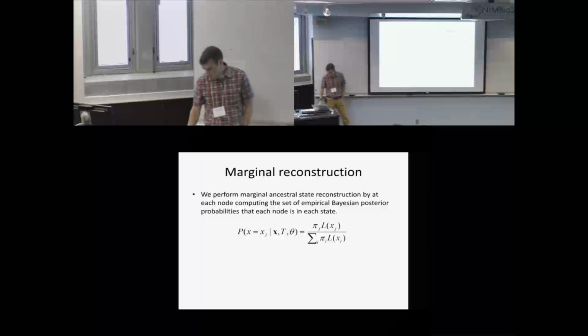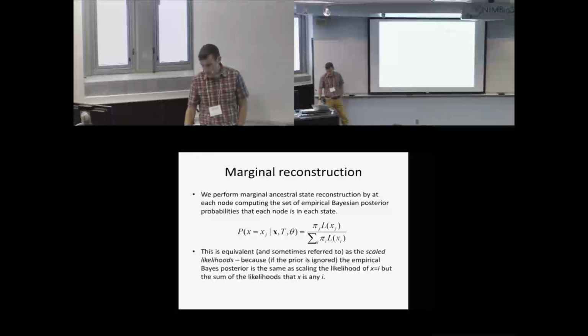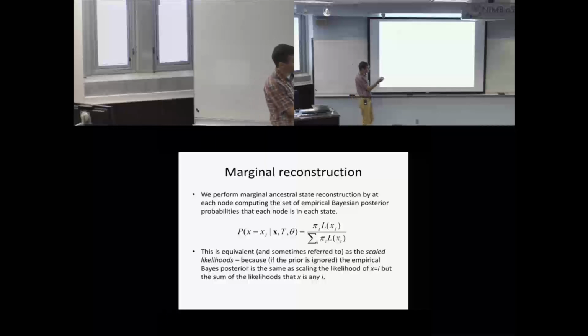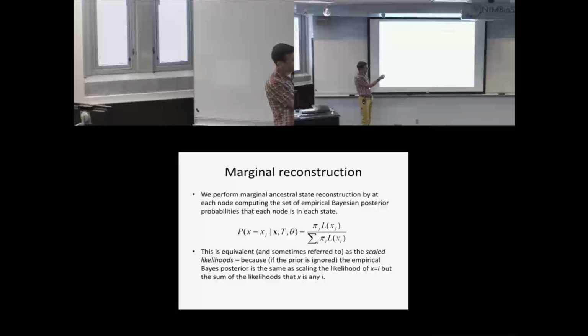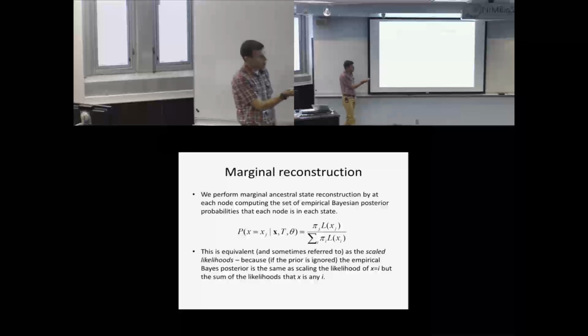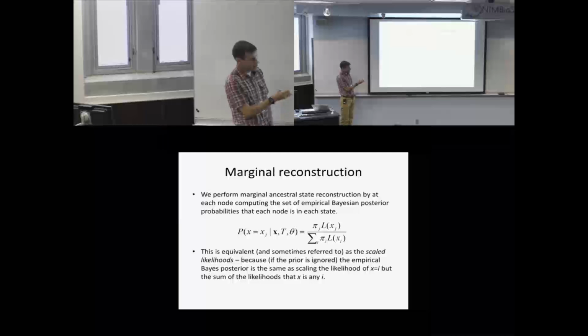And consequently, these ancestral states are sometimes referred to as scaled likelihoods, okay? Because imagine we eliminate the effect of the prior, either because it's flat or not informative or has a small influence. Then essentially what we end up with is the likelihood that that particular node is in a particular state j divided by the sum likelihood that it's in any state.